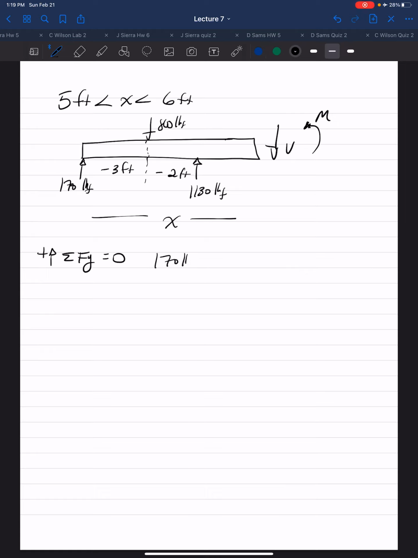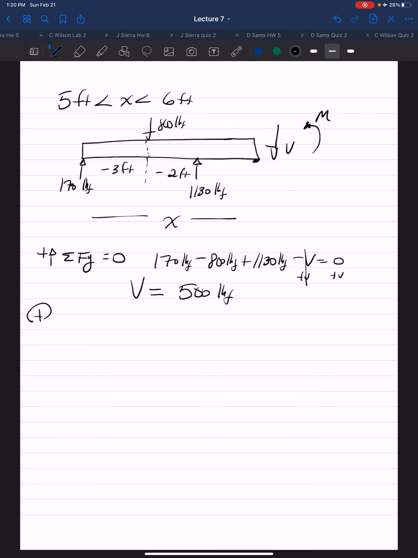You have 170-pound force minus your 800-pound force plus your 1130-pound force minus V equals 0. Rearranging that, plus V on both sides, V is 500-pound force.